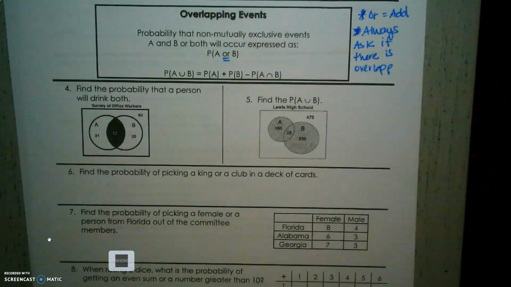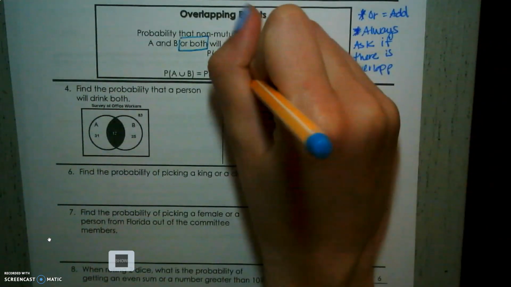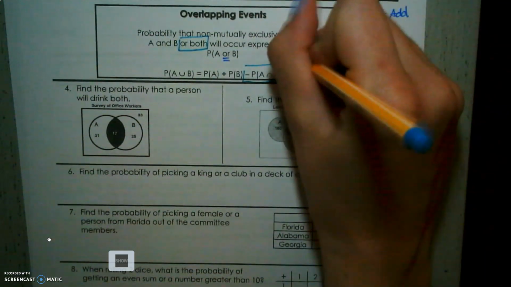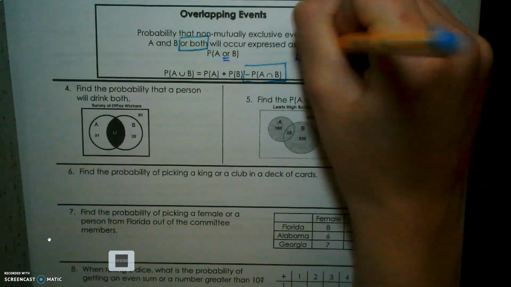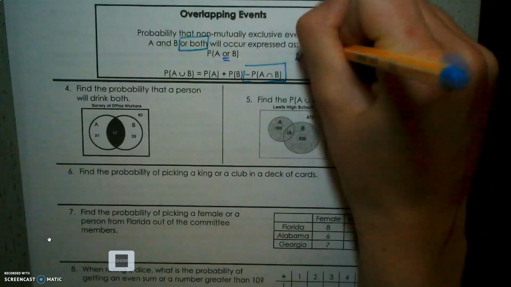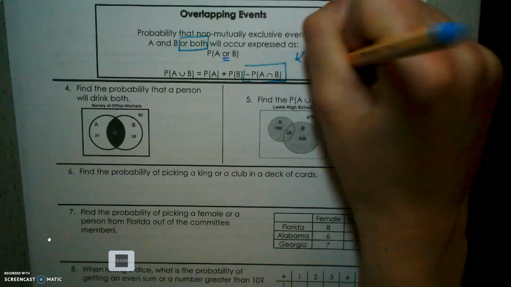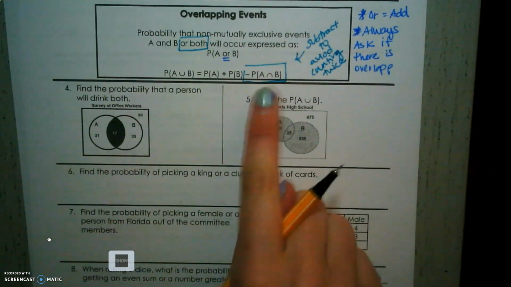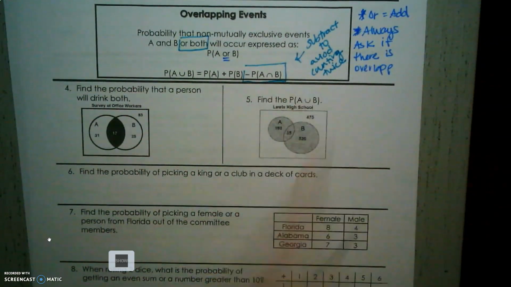We have to double check for this both, or both. Because if they both occur, we can't count it twice, okay? So we subtract it out to avoid counting twice. Notice they use the union for or, and the intersection for the overlap, where those things are occurring twice.